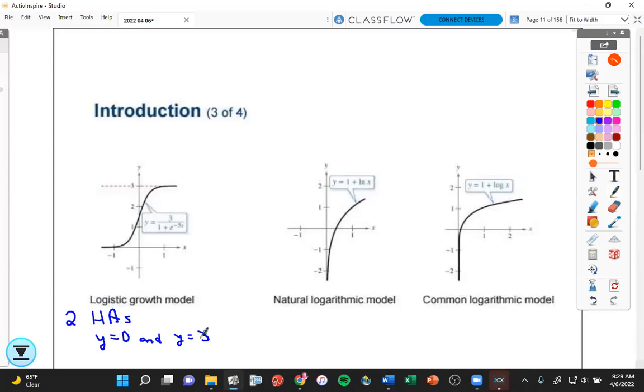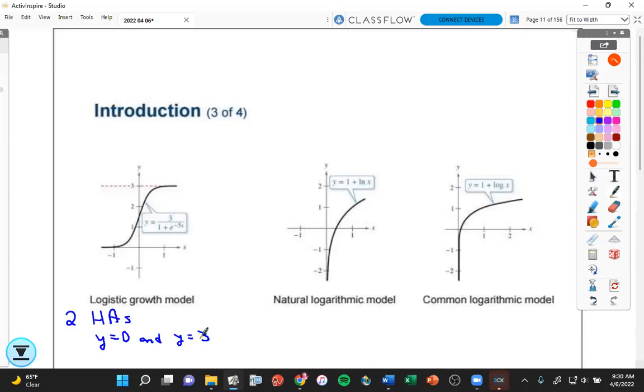So what's happening here, as the value of x approaches negative infinity, the denominator is approaching infinity. So you've got 3 divided by 11 million. That number is approaching 0.